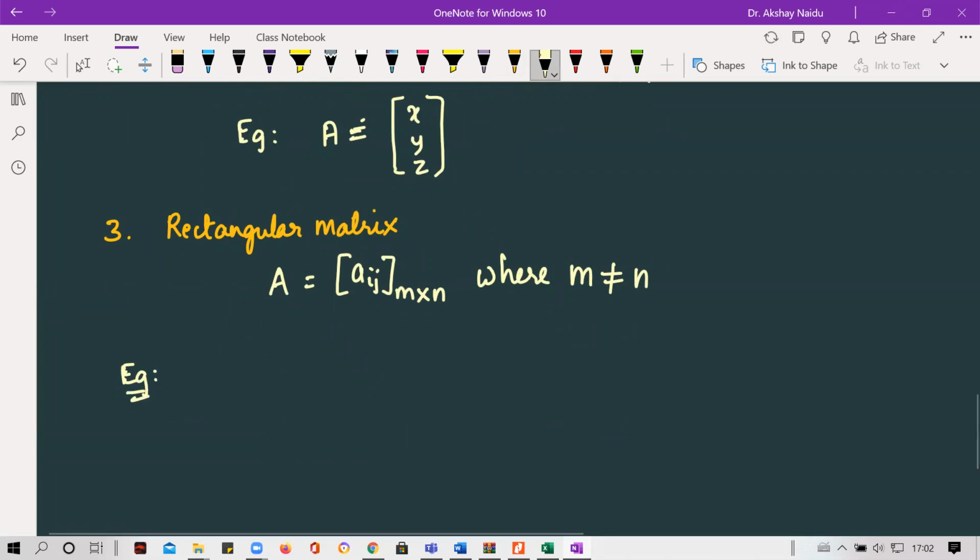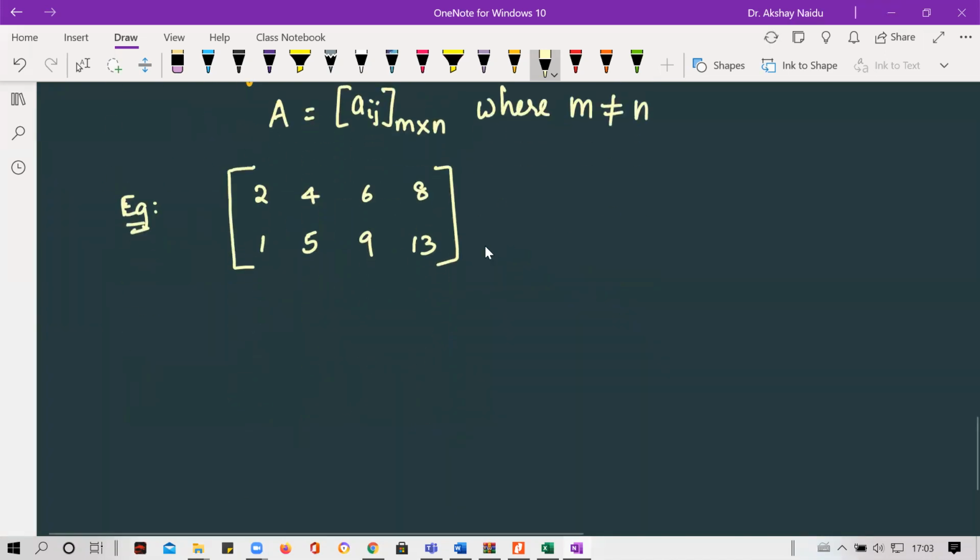In engineering problem solving and numerical methods, we sometimes have to deal with rectangular matrices. So let us say 2, 4, 6, 8, and 1, 5, 9, 13. This is a rectangular matrix, 2 rows, 4 columns.